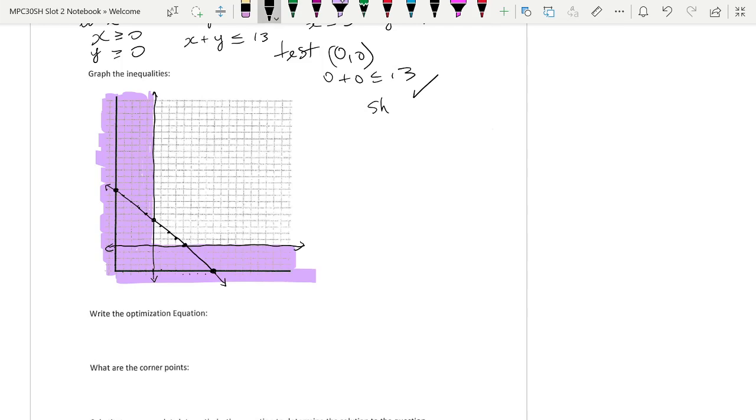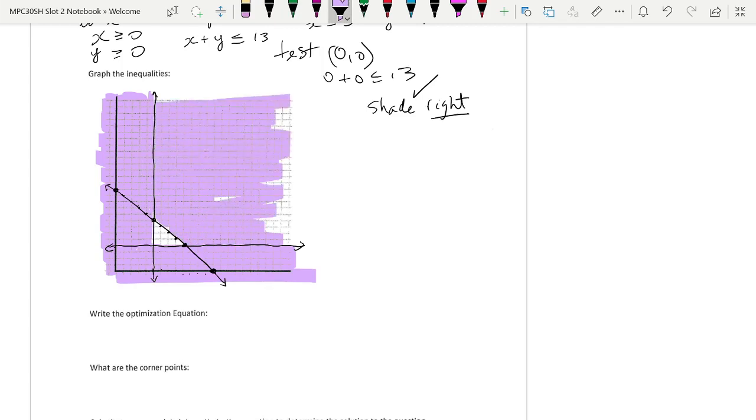I've got shale. I'm going to shade right because I don't want 0 in the shaded zone. I want the answer to be the part that isn't shaded. So we're going to shade everybody to the right. Okay, so that's it.